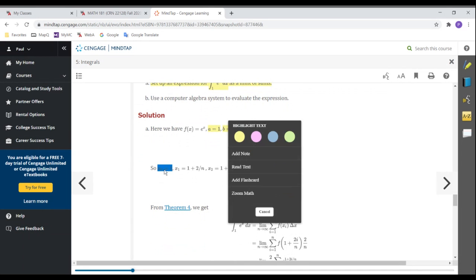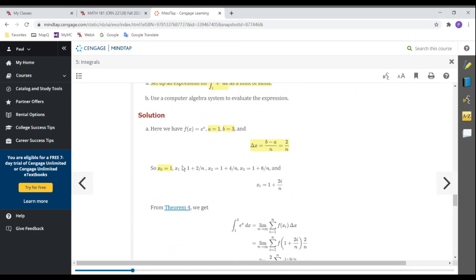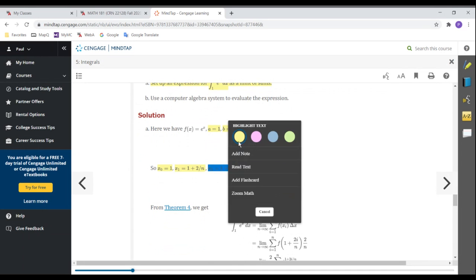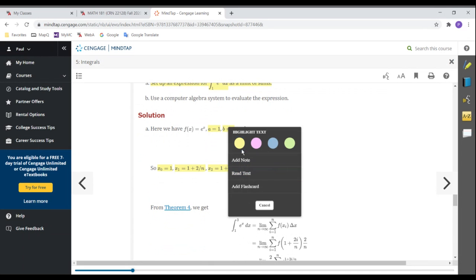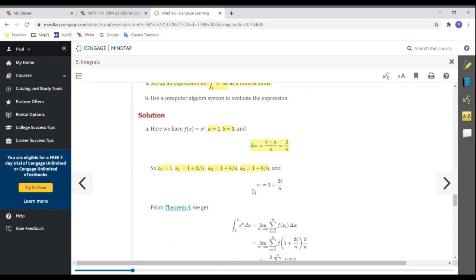Now your initial value, x naught, is equal to 1. That equals the a. x1 is going to be 1 plus 1 times 2 over n. x2 would be 1 plus 2 times 2 over n. x3 would be 1 plus 3 times 2 over n.